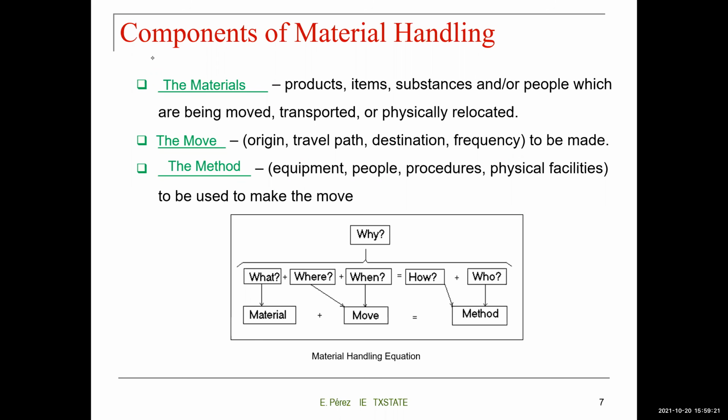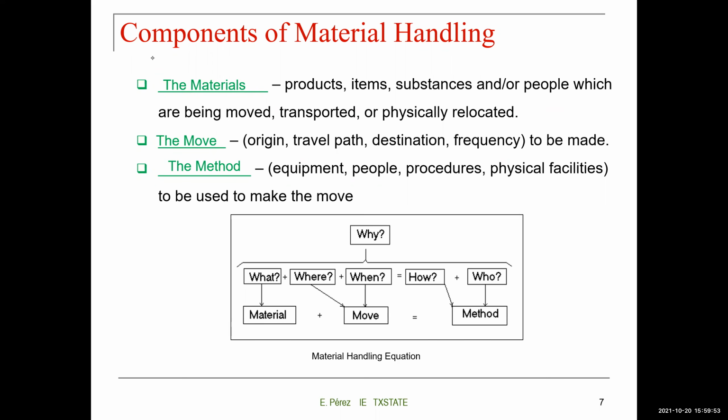So at the bottom of this slide, I have what I call the material handling equation, in which we have the three components: material plus move equals the method that we are going to use. And in order to identify each one of them, you can use these questions. So for the material, basically is what you're going to be moving.